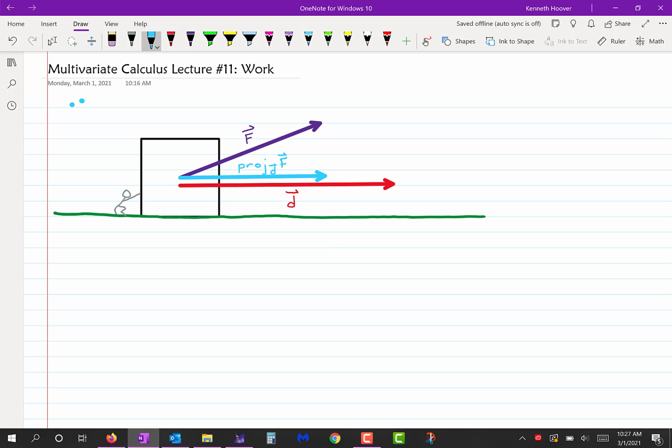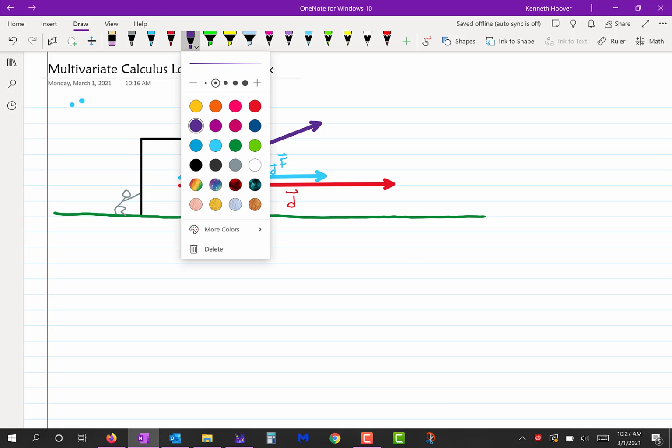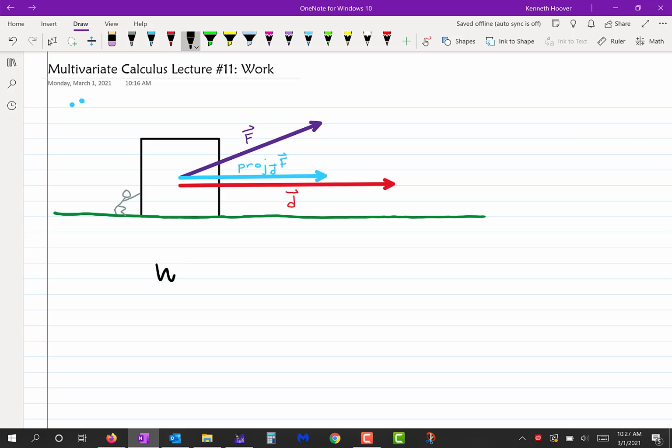And based upon what I said earlier, wouldn't we conclude that the work is equal to the magnitude of that vector times the magnitude of D?